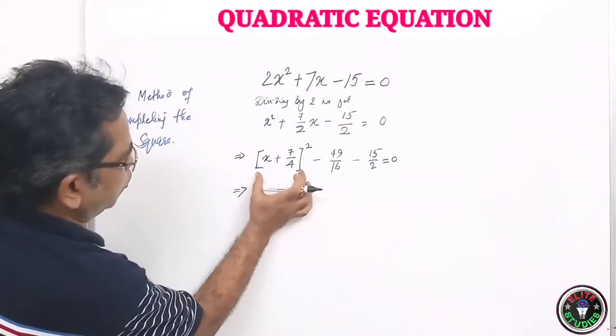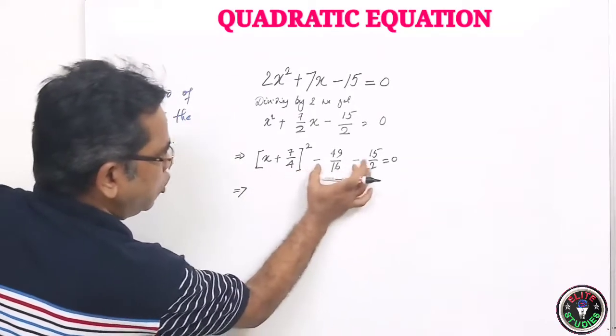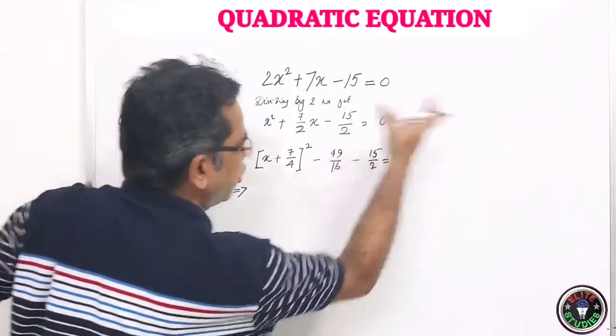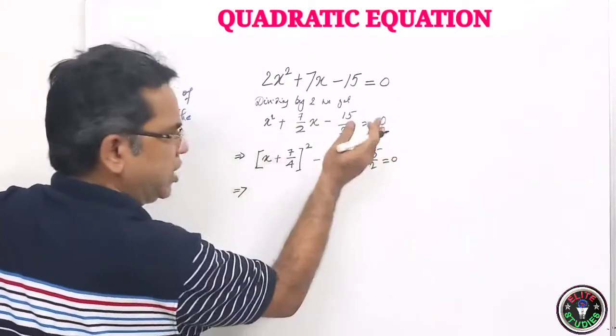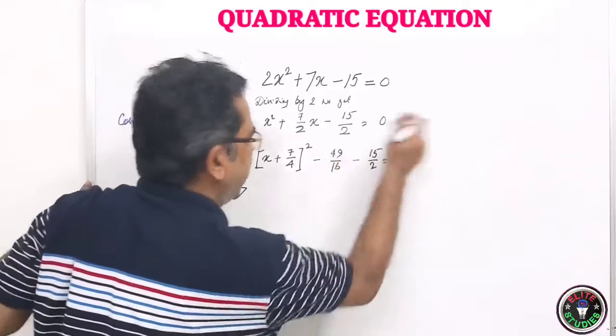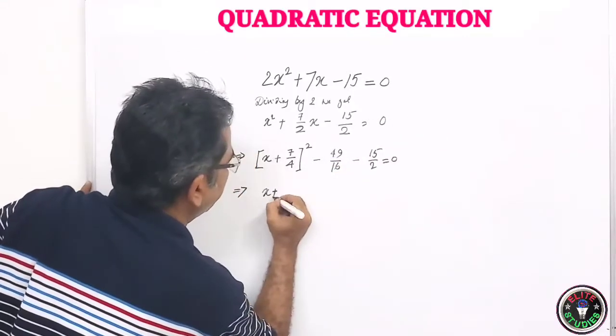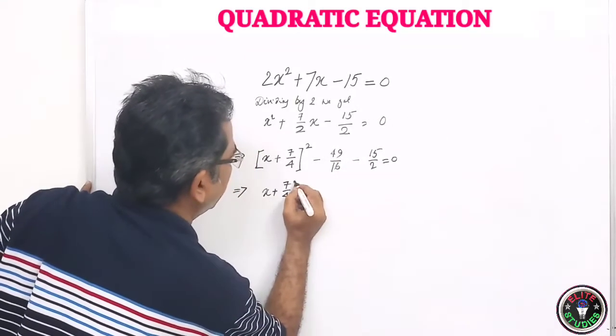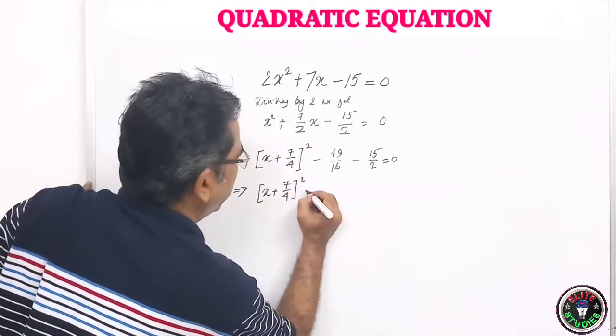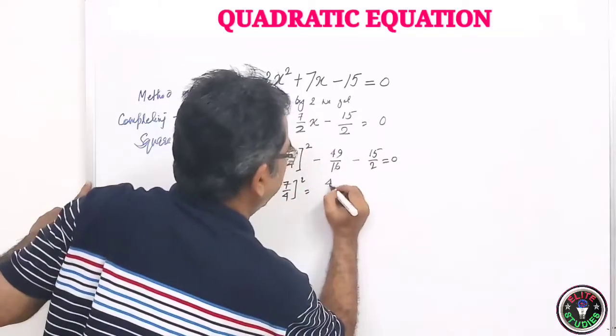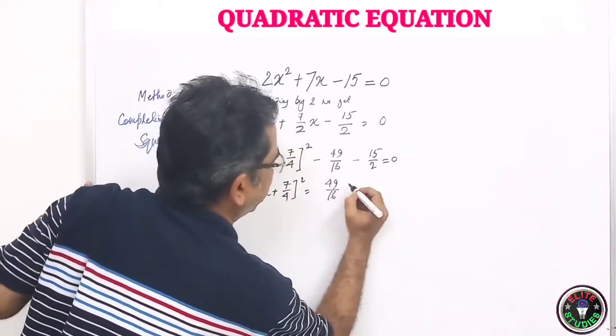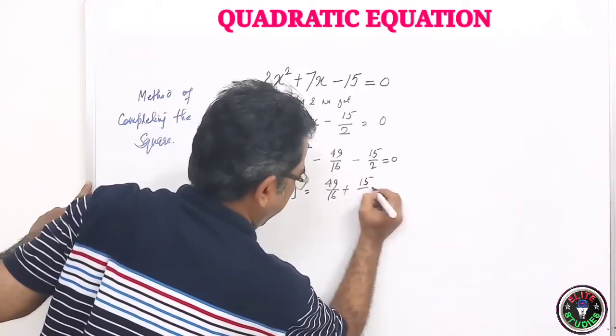You got a square. Now you transfer these constants to the right hand side. So it will be x plus 7 by 4 whole square is equal to 49 by 16 plus 15 by 2.